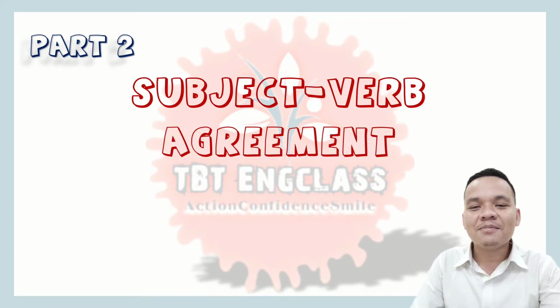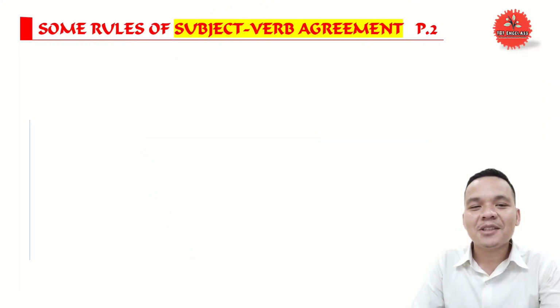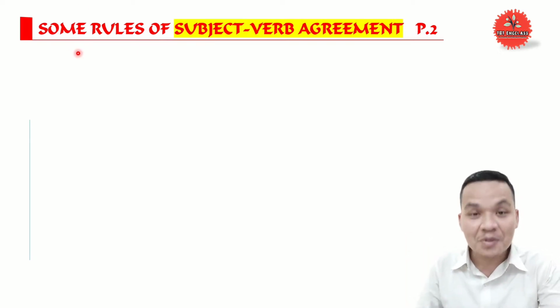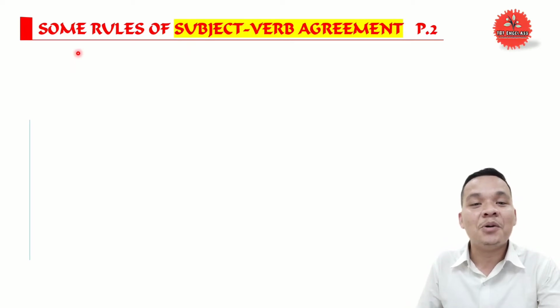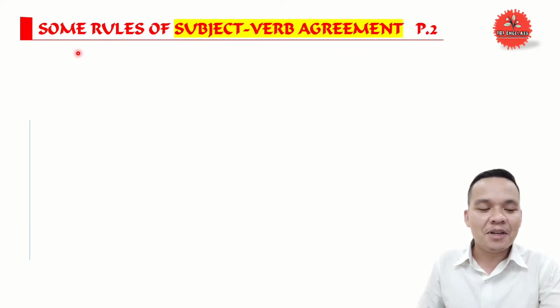In the previous video I placed 6 rules of subject-verb agreement, but in part 2 I want to add some more rules. I hope this video helps you, so you will not be confused when you see the types of exercises related to subject-verb agreement.